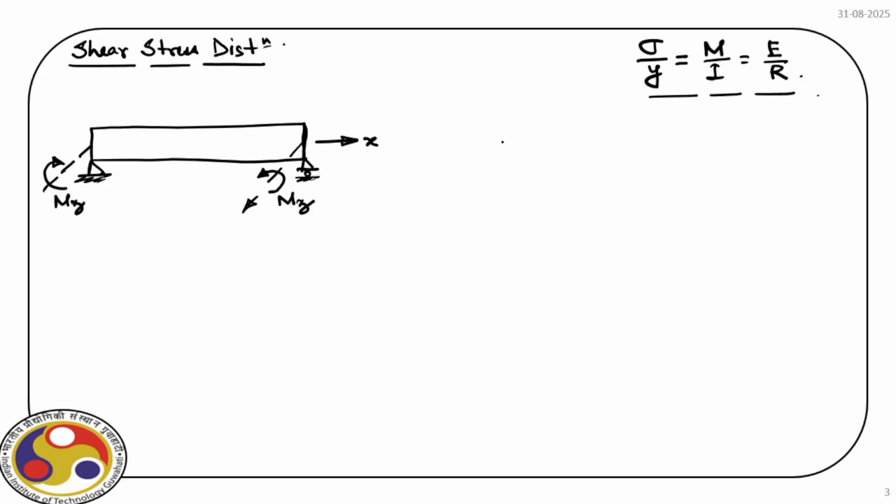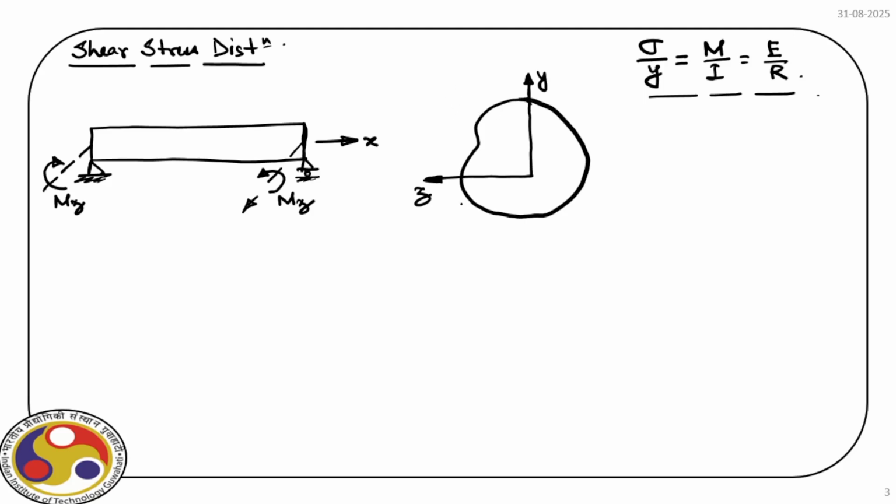Now we have a section which is not symmetric. Let this be y and this be z, and x is perpendicular to the page, and then we have an asymmetric section, any arbitrary section.